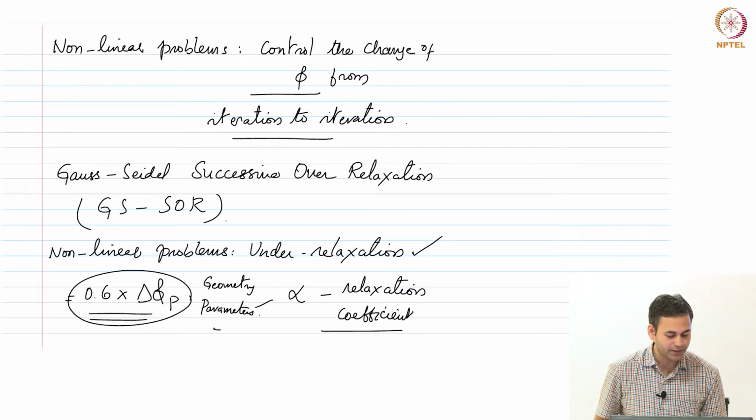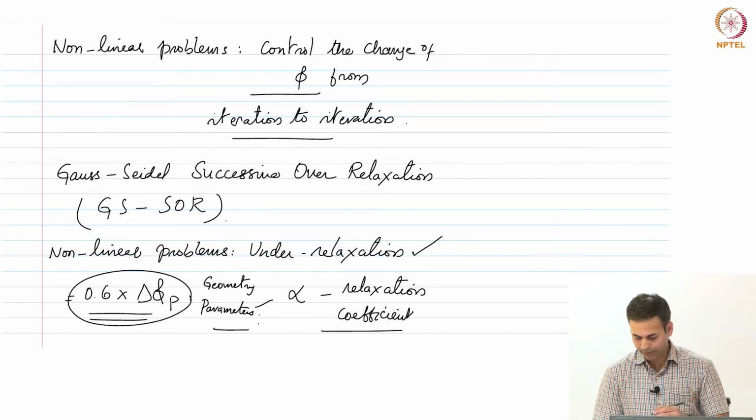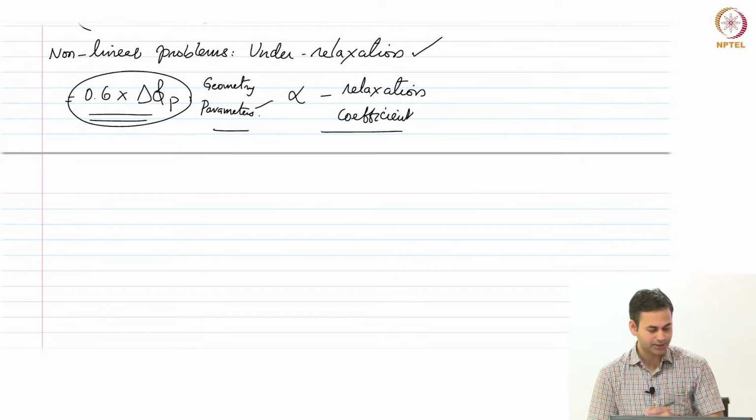So, it is not a constant value that works for all kinds of problems; rather, it comes from your experience of running simulations. However, there is some research recently done on this alpha, we will come to that a little later. So, let me go ahead with the theory of what relaxation is as such.